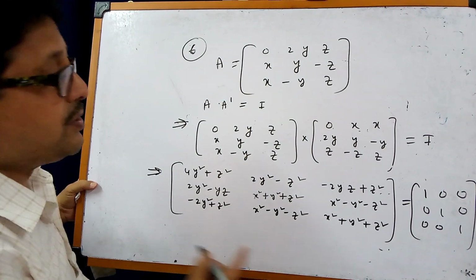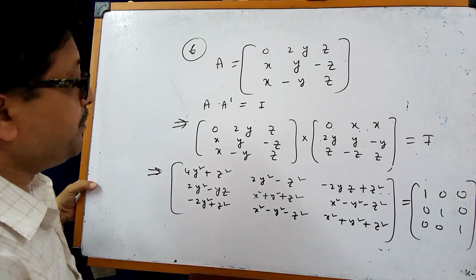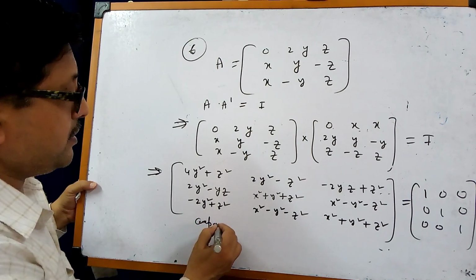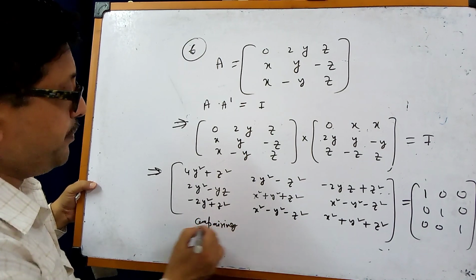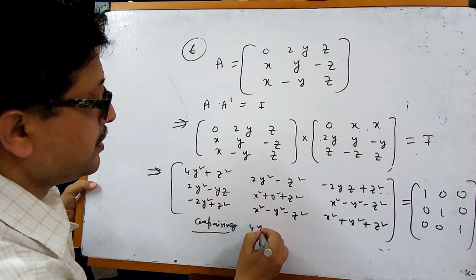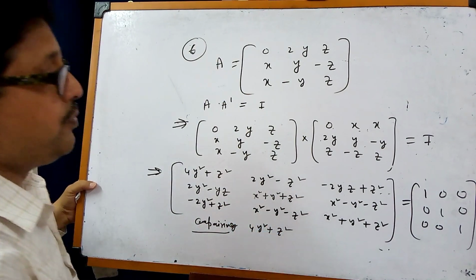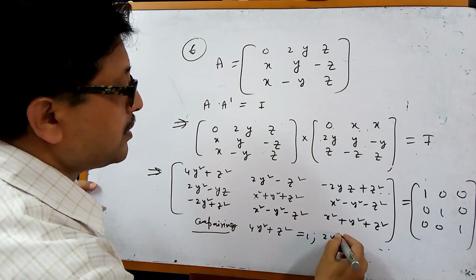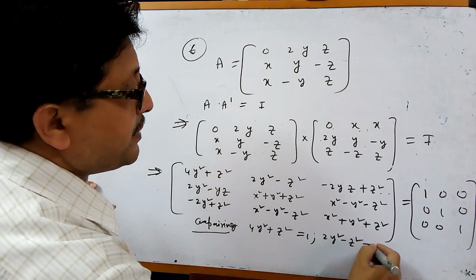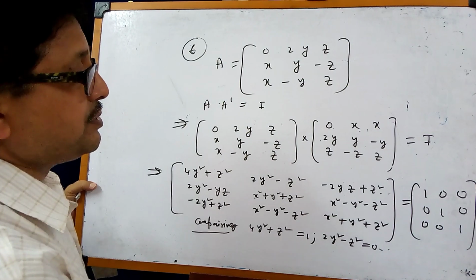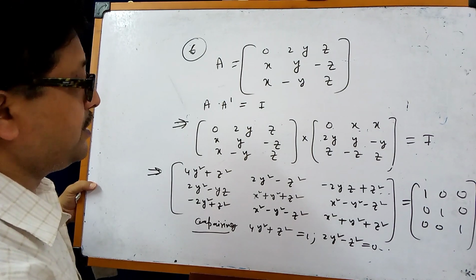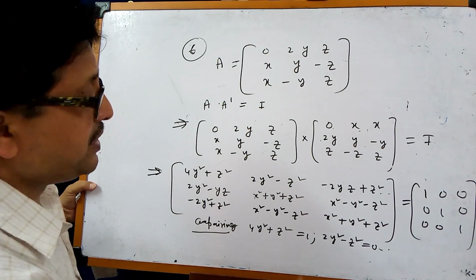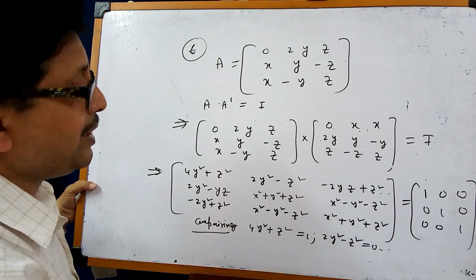Now you go for comparison. Comparing, we get 4y square plus z square equal to 1, 2y square minus z square equal to 0, and then one more you take, it will be enough, because from these two you can get the value of y, z.